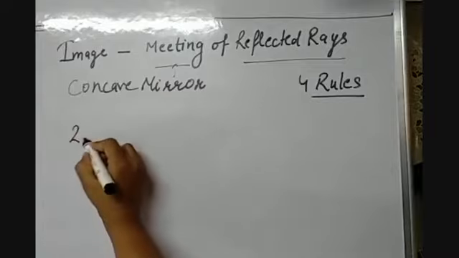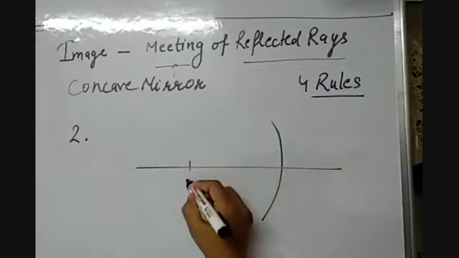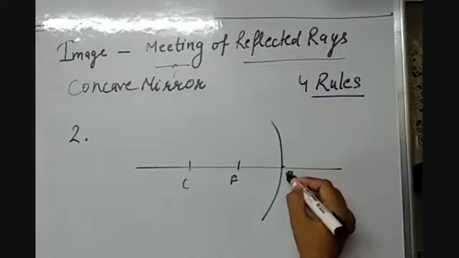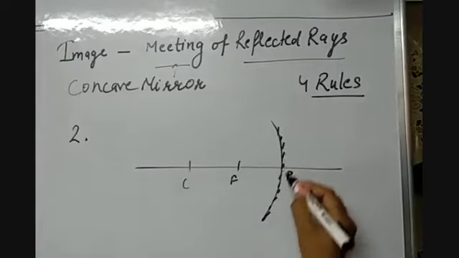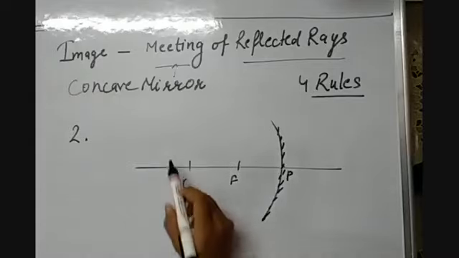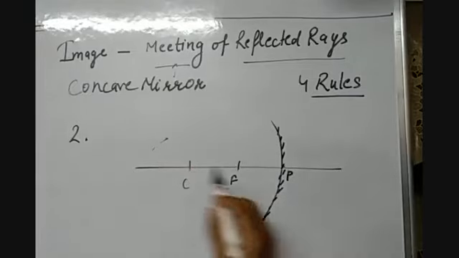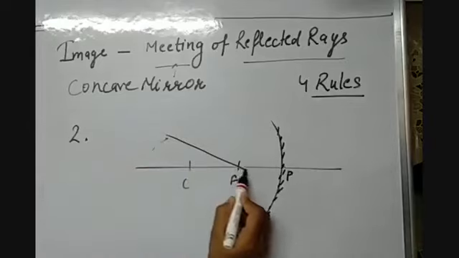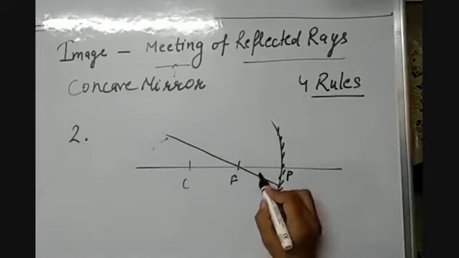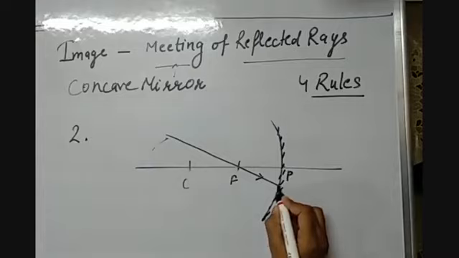The second rule says, in the same way, we have the center of curvature, focus point and pole. This is also the case of a concave mirror. So here the second rule says that when the light coming from the object, that is our incident light, falls on the spherical mirror while passing through the focus, then after reflection it goes parallel to the principal axis.